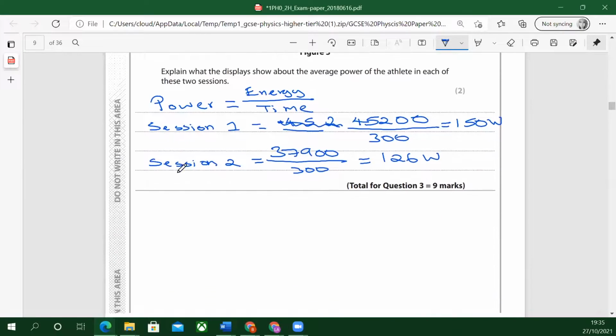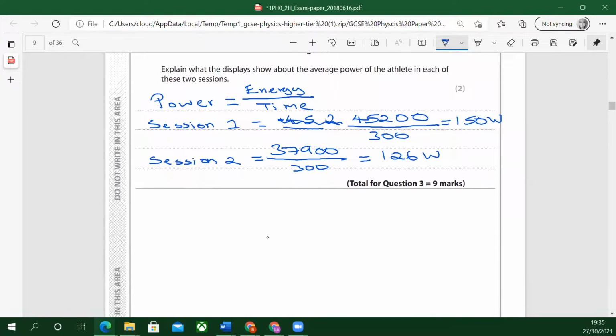So what it is there is that the power is greater in session 1. Session 1. Okay.